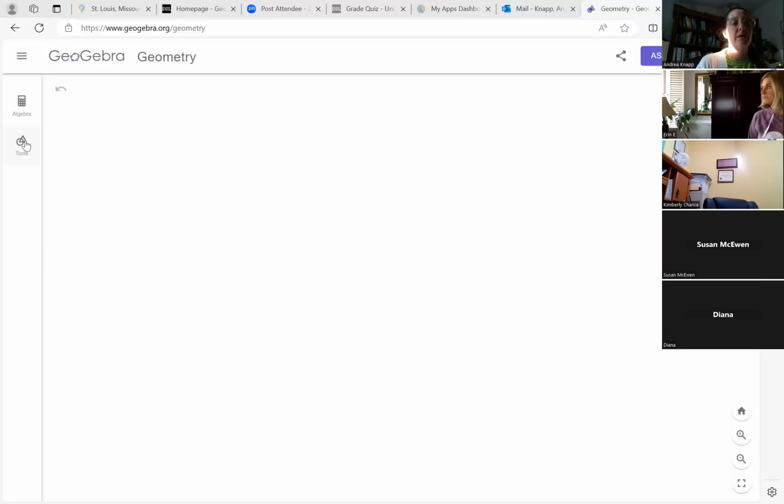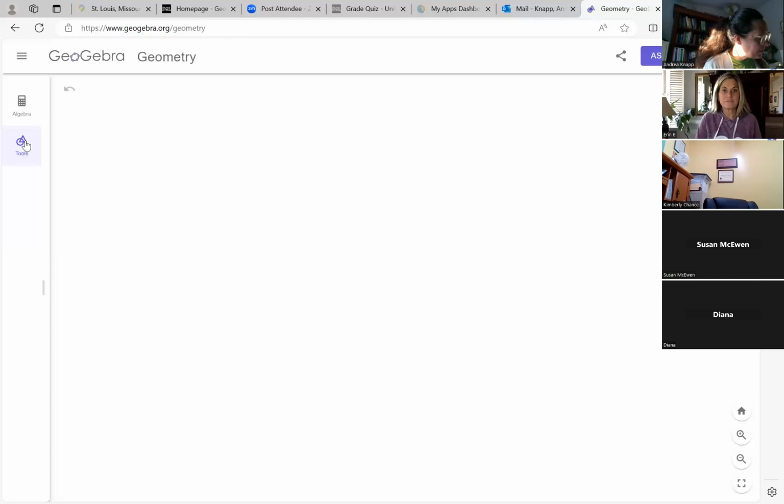And I'm going to set this up in GeoGebra to make my drawing a little cleaner. So I want the base of my right pyramid to be a regular hexagon.